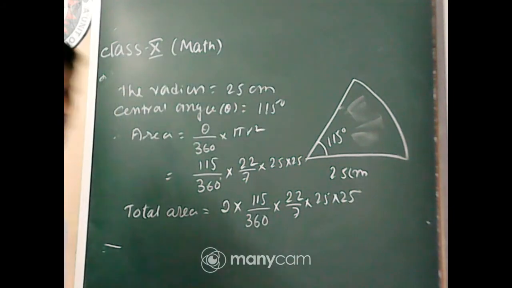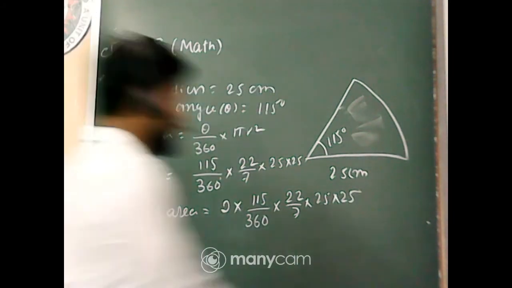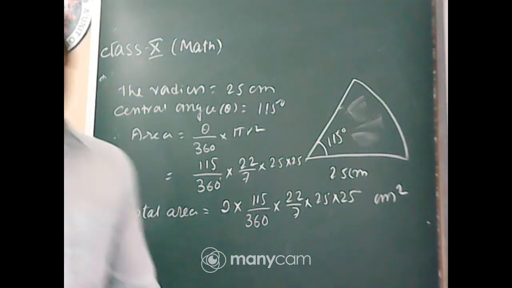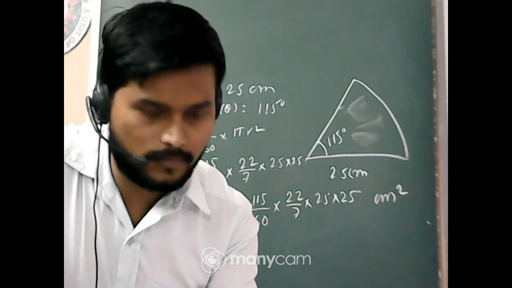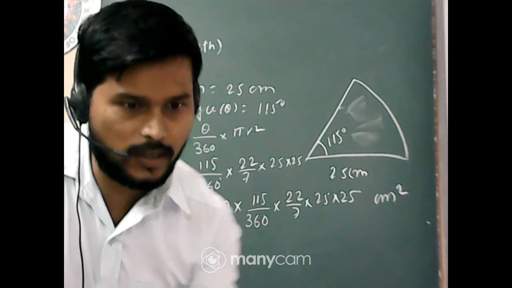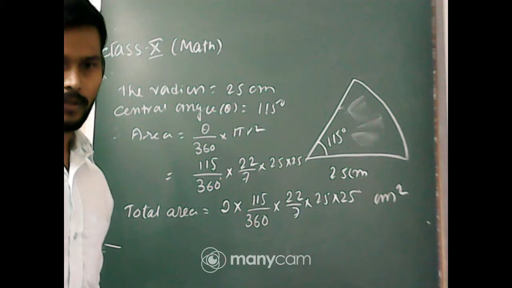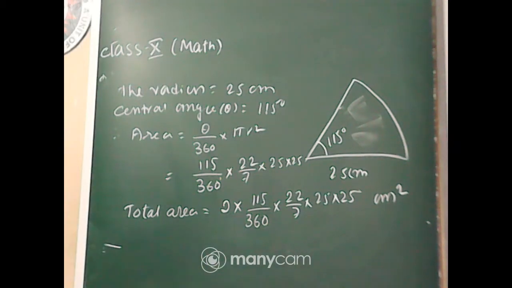Now do the calculations. That result will give the area cleaned by these two wipers. I'm leaving the calculation for you. I know you can solve this problem. You do the calculation by yourself.